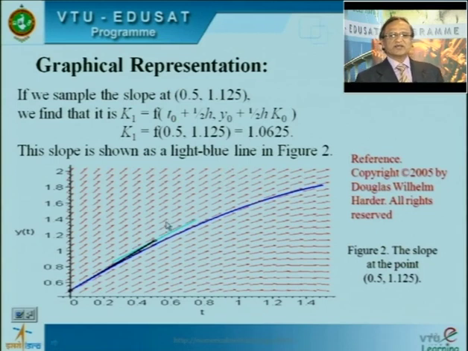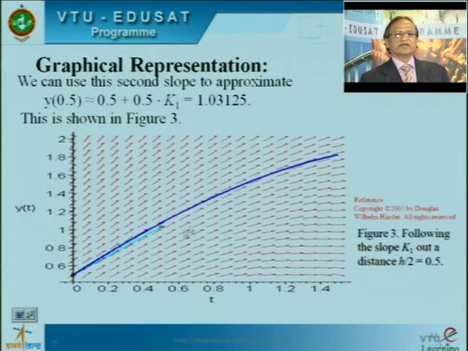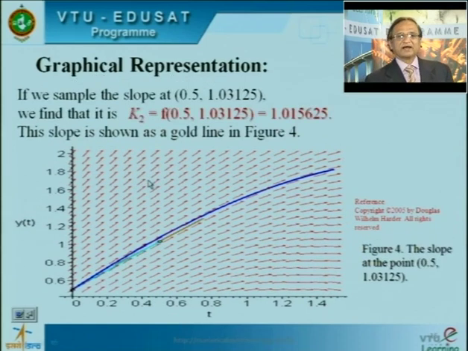So, k1 is also a slope. Now, you are observing a slope line. So, that is an improvement, right. Okay. So, we have obtained 1.03125 corresponding to 0.5; I hope you will get this slope that can be observed in this graph.